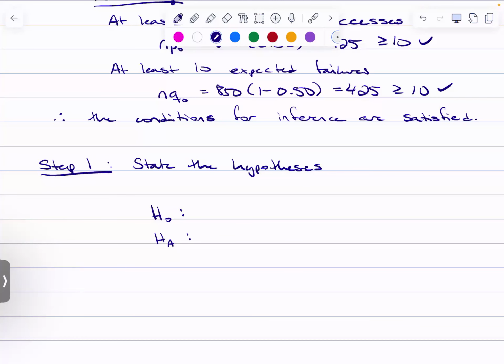Great place to start, right? And now we need to fill these in. Now, our null hypothesis, remember, always has an equal sign, right? And so let's jot that down. Why not?